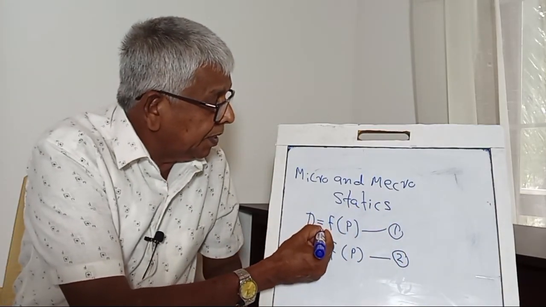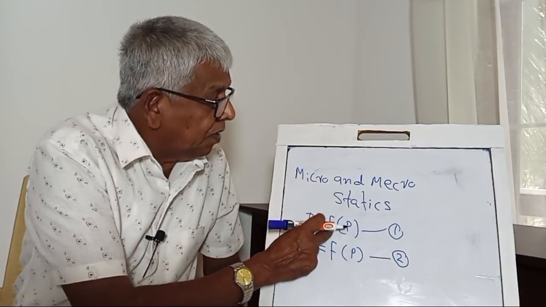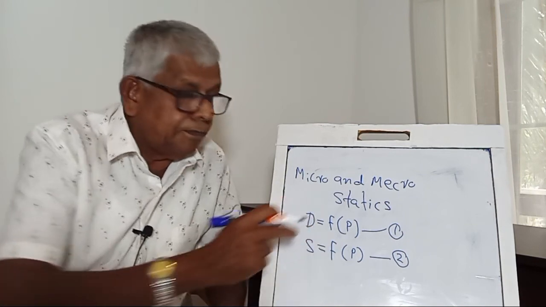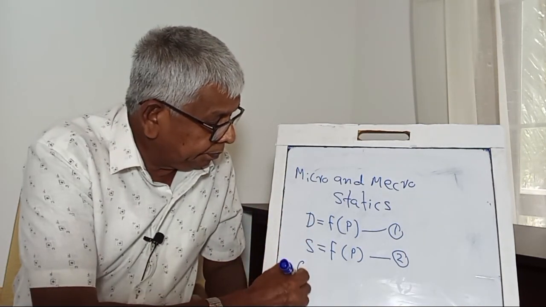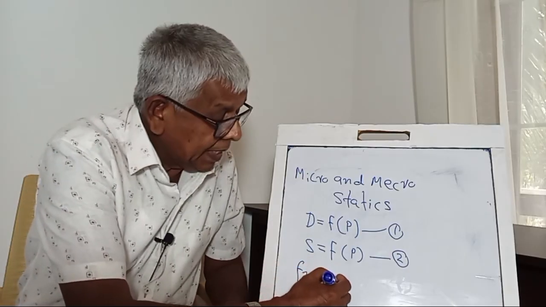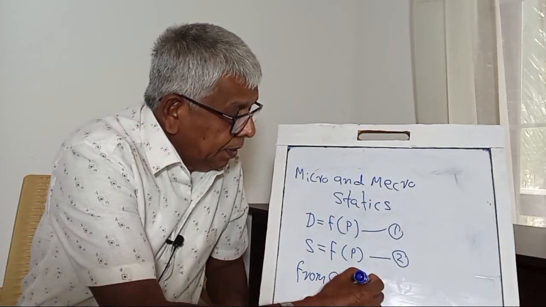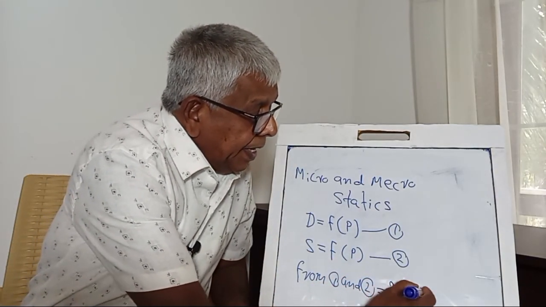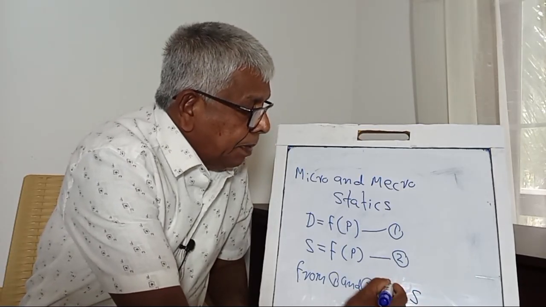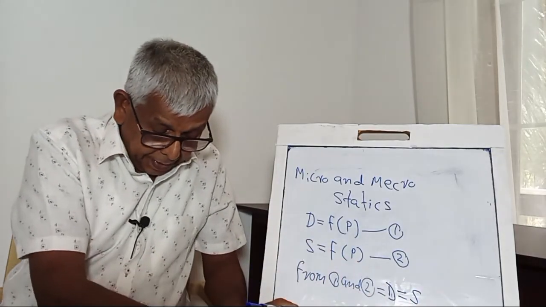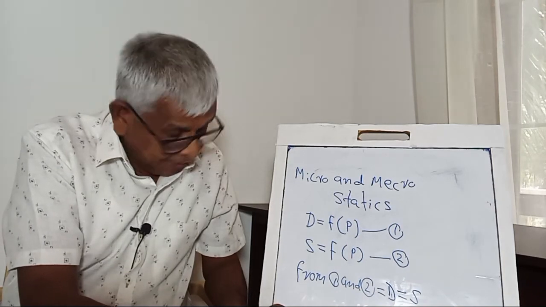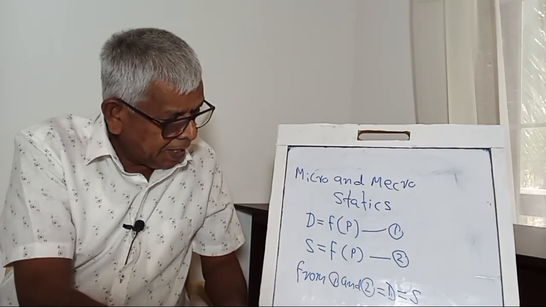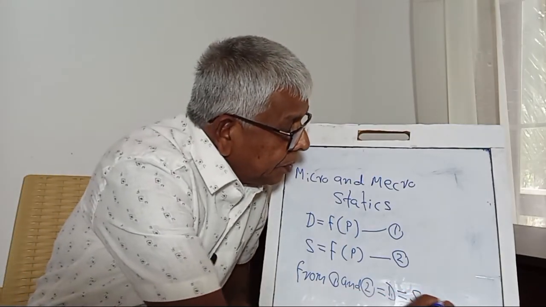The demand function here is D equals function of P, and the second one is supply equals function of P. From 1 and 2, demand equals supply. It's equation 3.